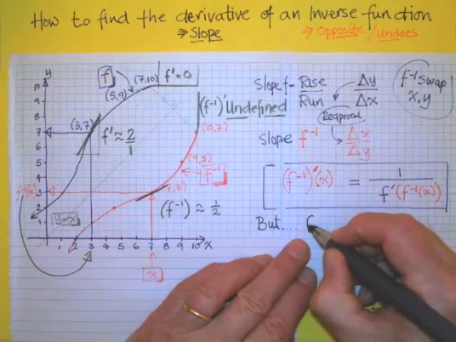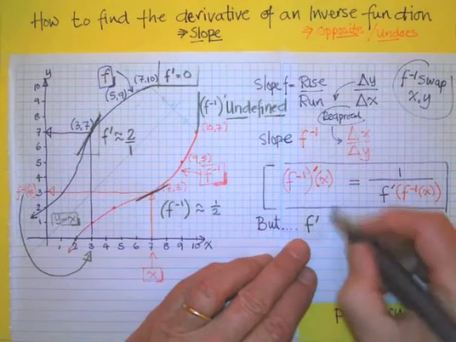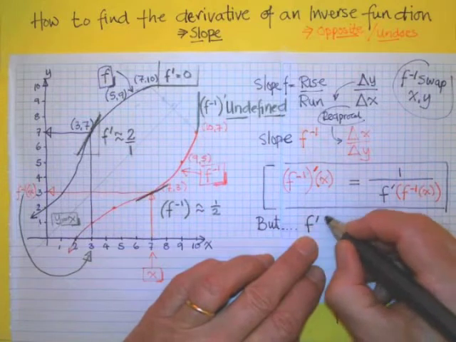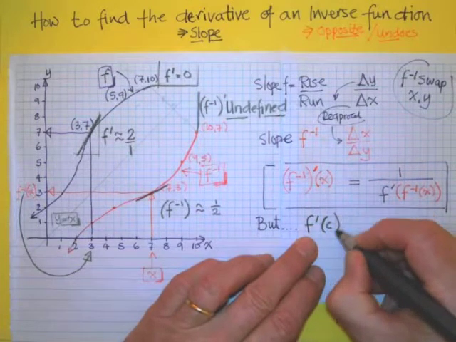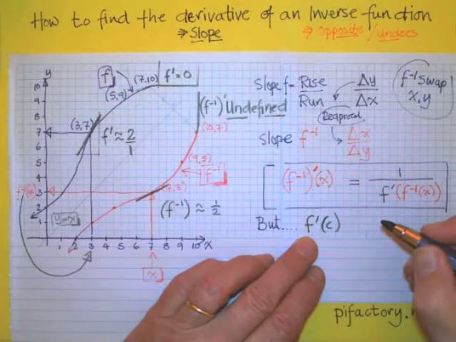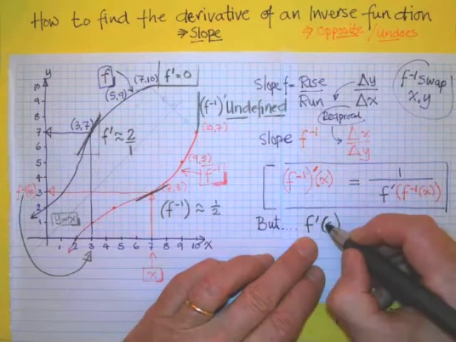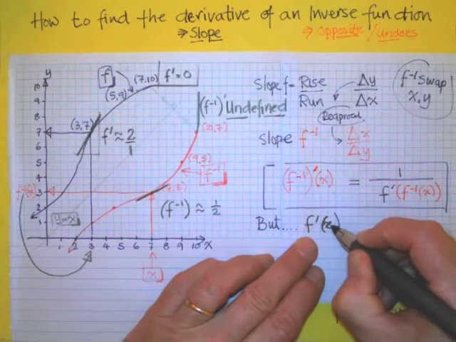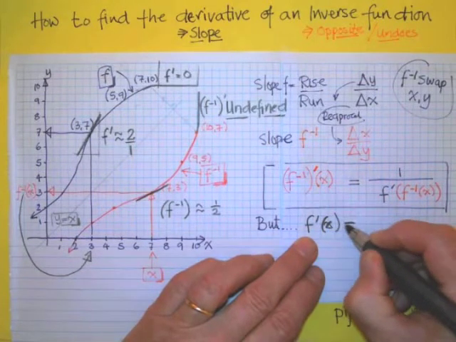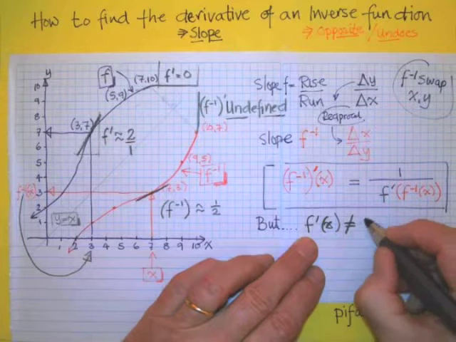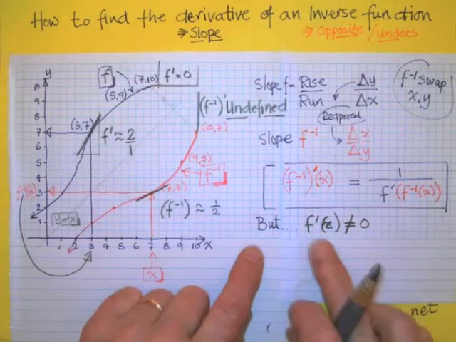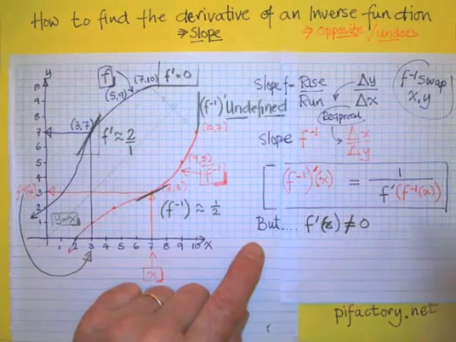So the but is that f prime, the slope at some point c, we'll make that x, I think, some point x, must not be equal to 0.